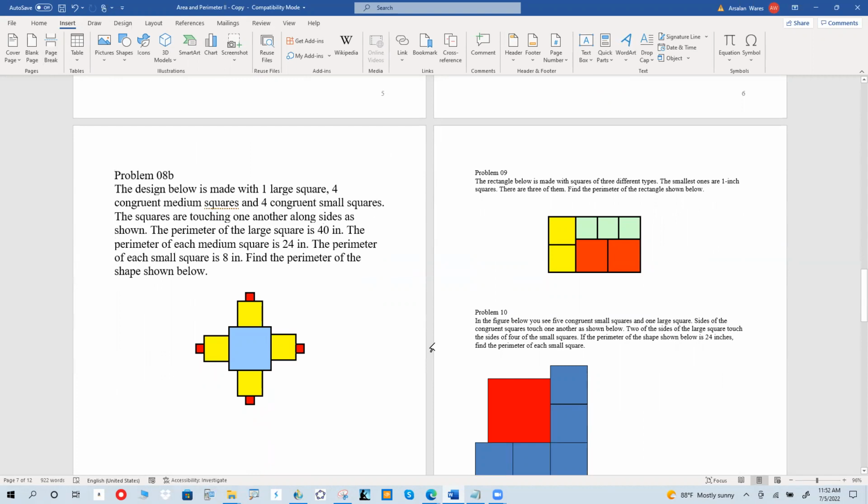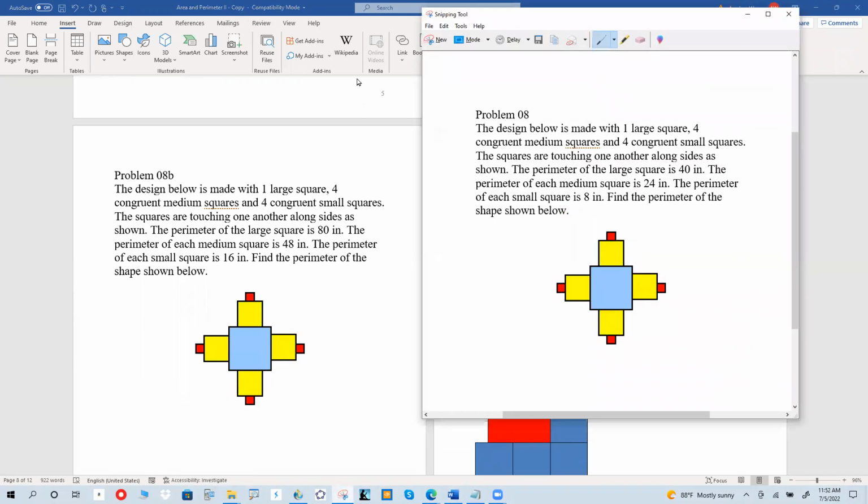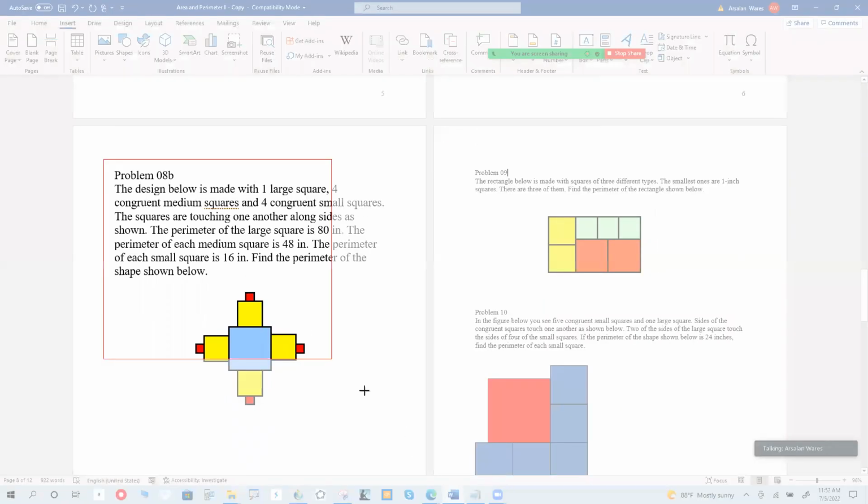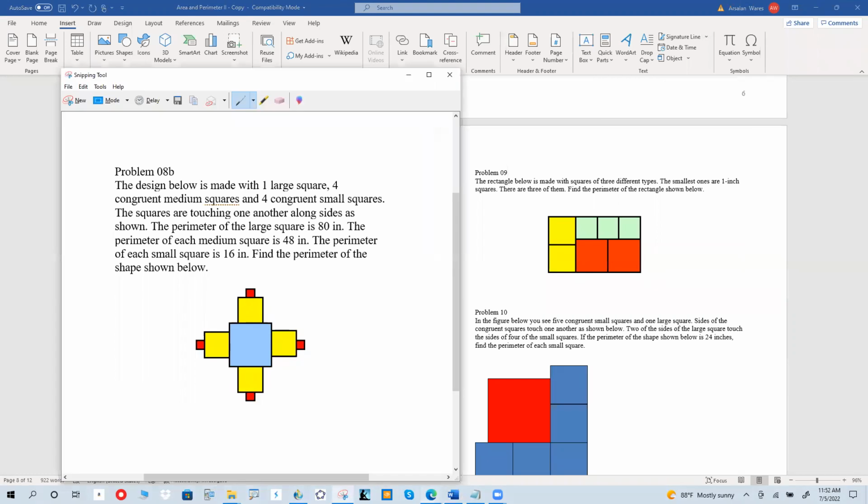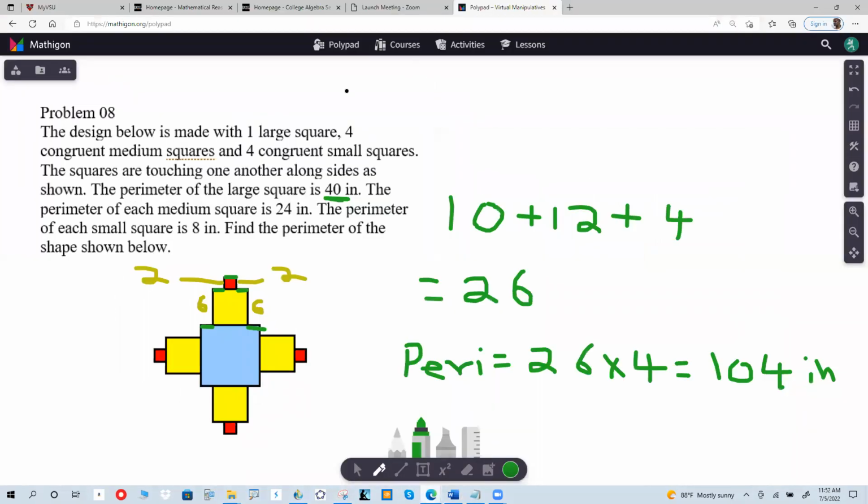Let's make this 80. Let's make this 48. Let's make this 16. Okay, again, I'm making it up and I will try this problem, try to do a couple, because this is considered a hard problem.